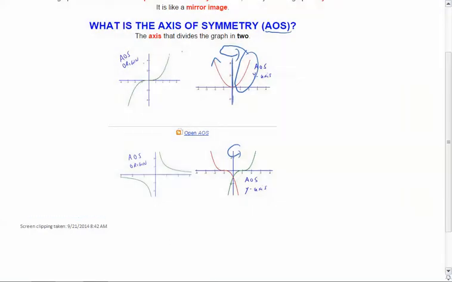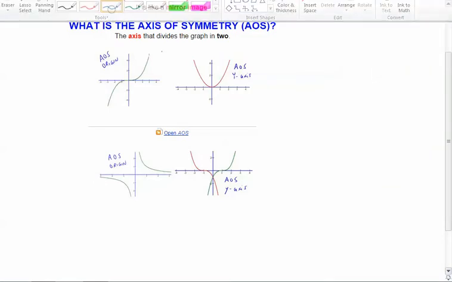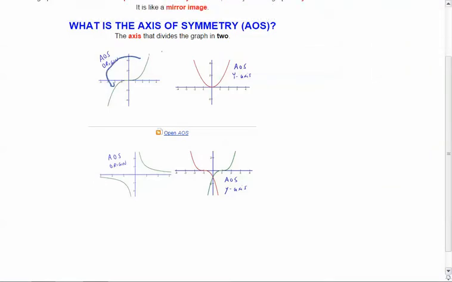So it's like it flipped twice, or what we could say is it just did a 180. It basically just flipped like this, a complete 180. Same thing with this one: it did a complete 180, and now it's over here. So they're both symmetric about what's called the origin.